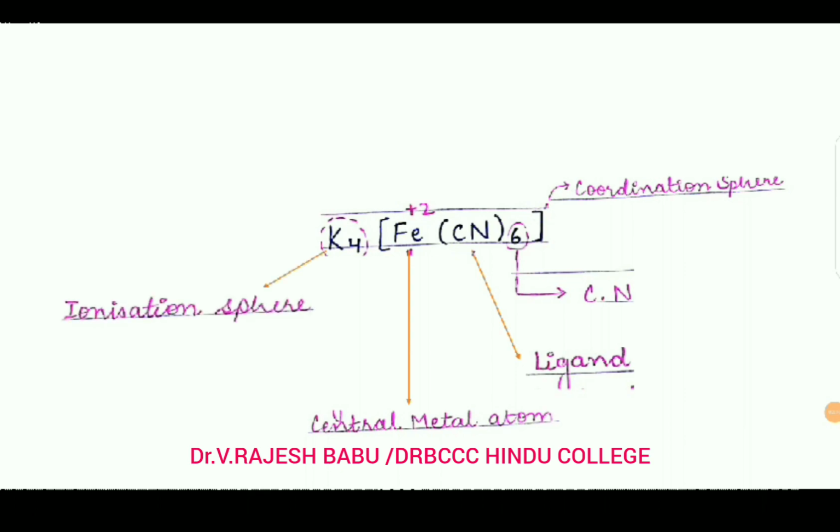And this is called the ionization sphere, present outside the coordination sphere, either on the left hand side or the right hand side. Then this is called the oxidation number, and the ferrous atom has an oxidation number of +2. That's why it accepts electrons from the ligand. So that's why it is called a Lewis acid, and the ligand is considered a Lewis base.